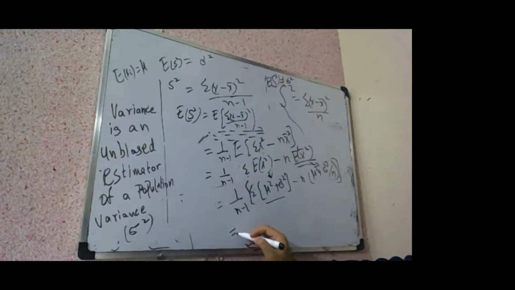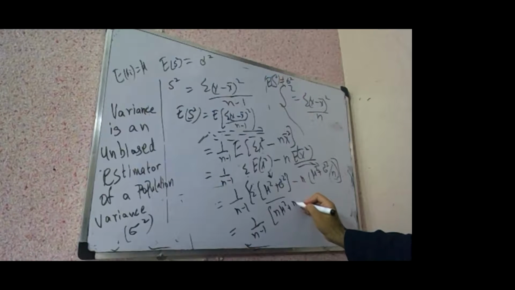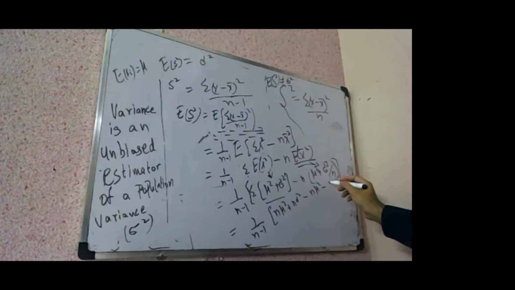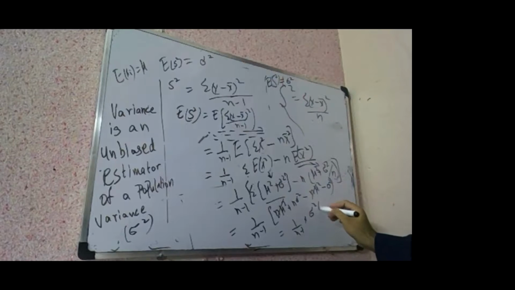Just simplify it and you will get 1 upon n minus 1, and when you put the summation inside, it will give you n mu square plus n sigma square minus n mu square minus sigma square. Right? So this will be cancelled out. Sigma square will be taken as common. So 1 upon n minus 1 times sigma square times n minus 1. This will be cancelled out, equal to sigma square.